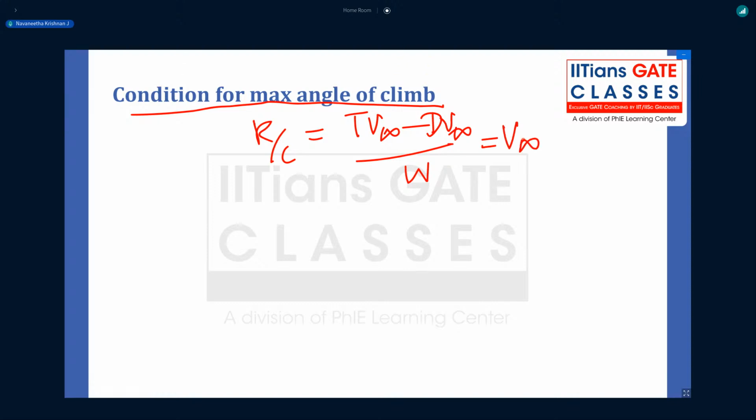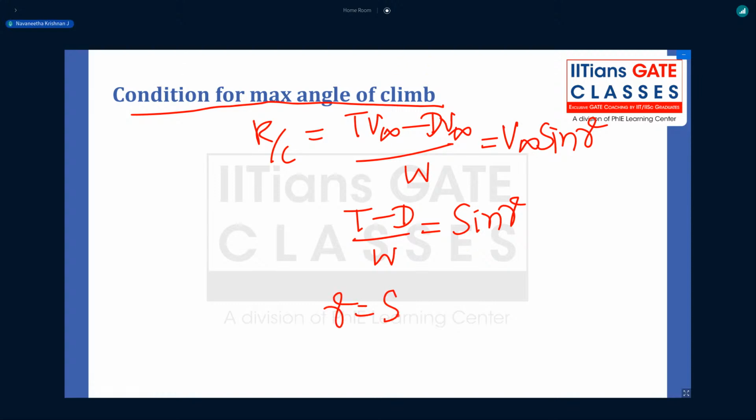It is nothing but V infinity sine gamma, the vertical component of velocity. V infinity I'll omit, so thrust minus drag by weight is nothing but sine gamma. So gamma is nothing but sine inverse of thrust minus drag divided by weight.